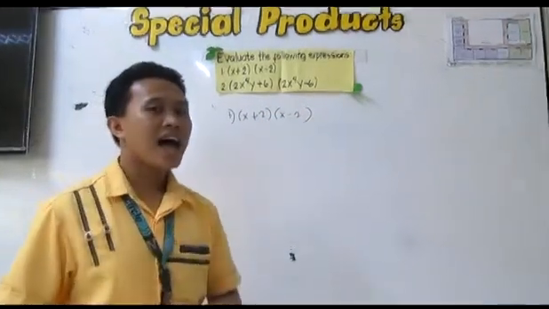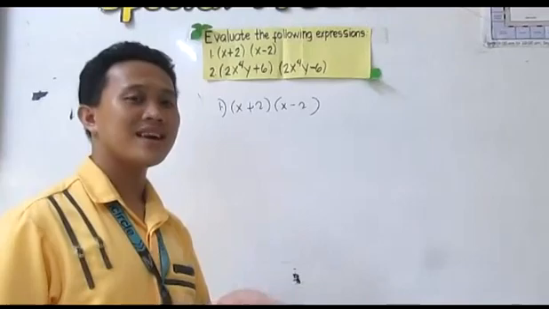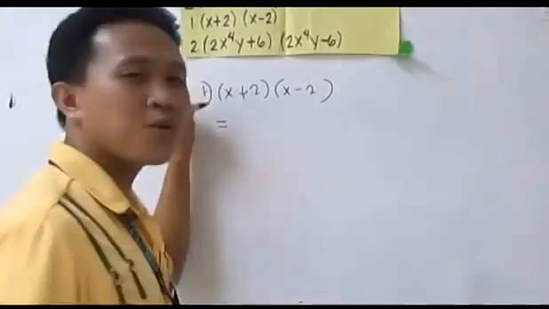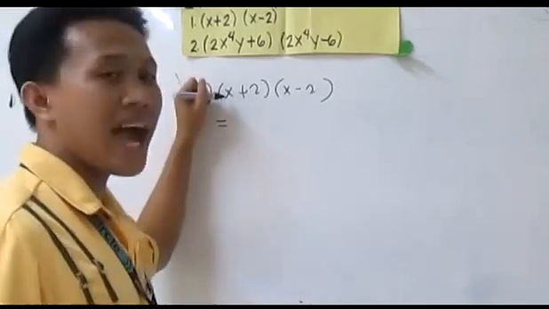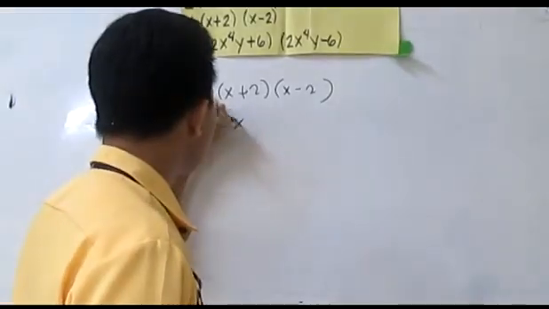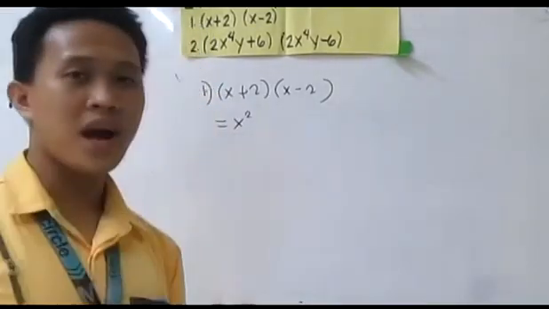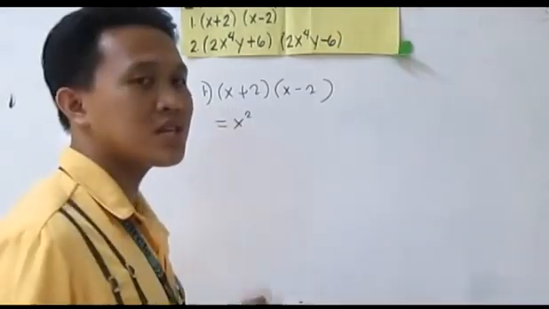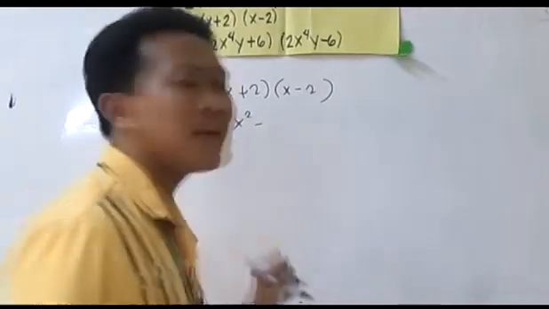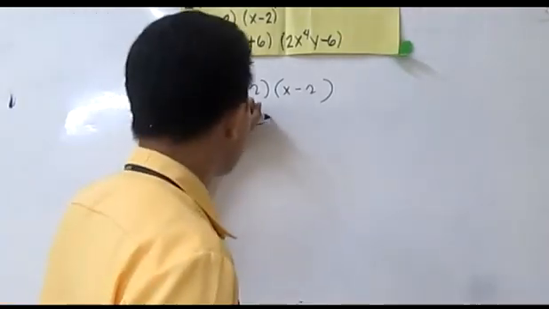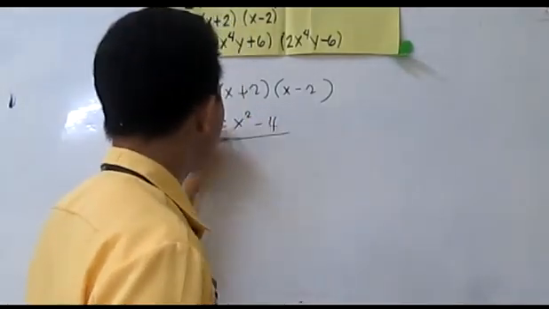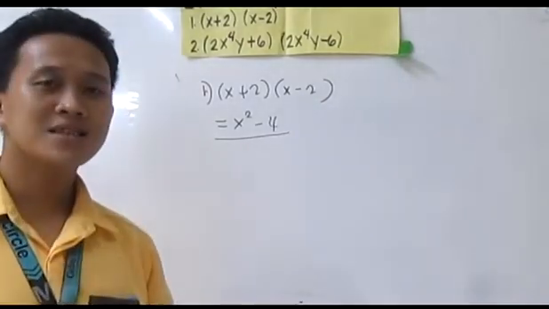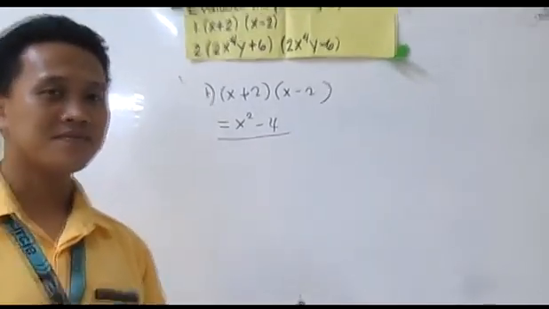Its answer is simply equal to the square of the first term, which is x. So we have x squared subtracted by the square of the last term, which is 2. The square of our last term is 4. So our final answer is x squared minus 4.